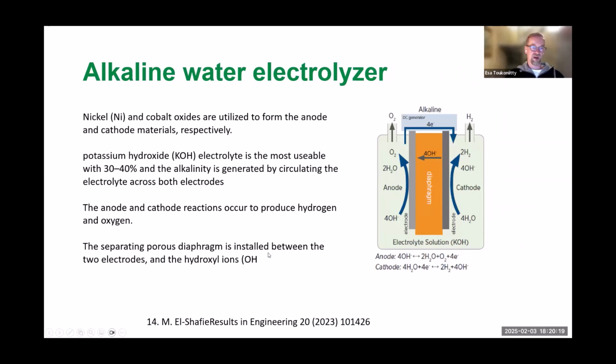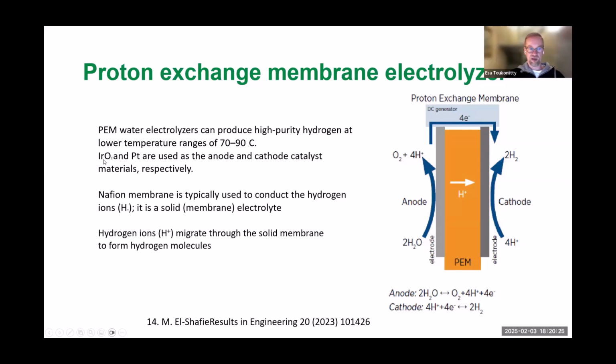Nickel and cobalt, if I have understood correctly, are fairly inexpensive materials compared to iridium and platinum, which are very expensive materials. But this particular type of setup requires these noble metals.